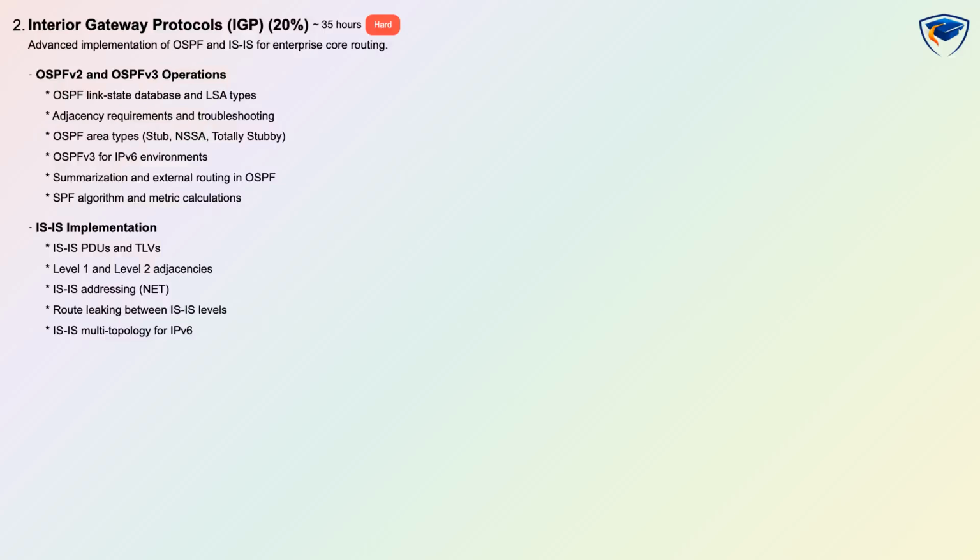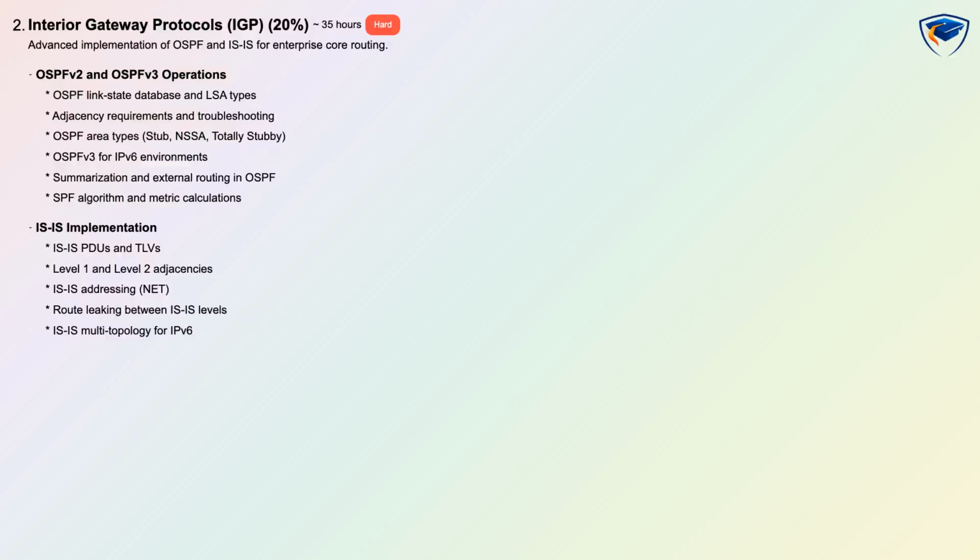Interior Gateway Protocols, IGP, make up 20% of the exam and are rated hard with about 35 hours of study and hands-on plus conceptual assessment. For OSPF you will cover the link state database, LSA types, adjacency requirements, area types including stub and NSSA, OSPFv3 for IPv6, summarization, external routing, and SPF calculation behavior.